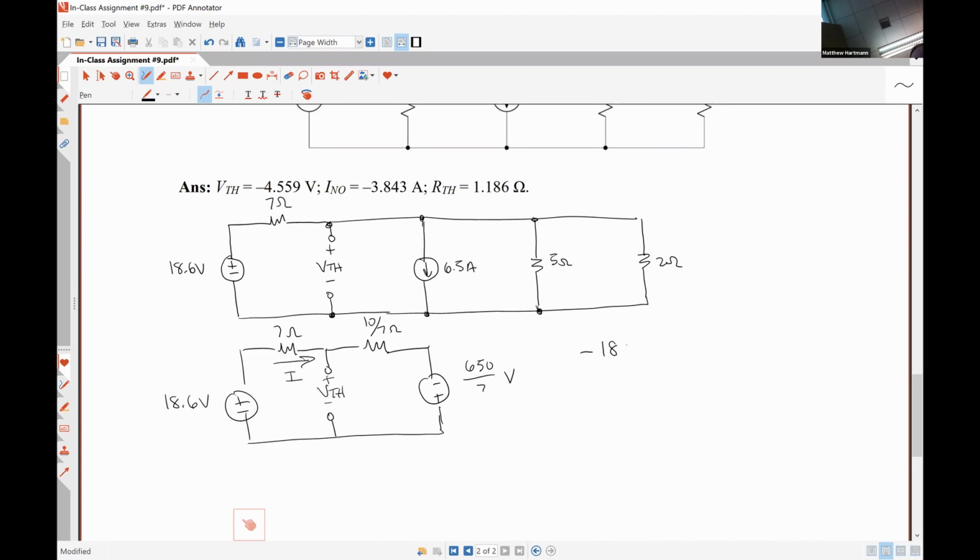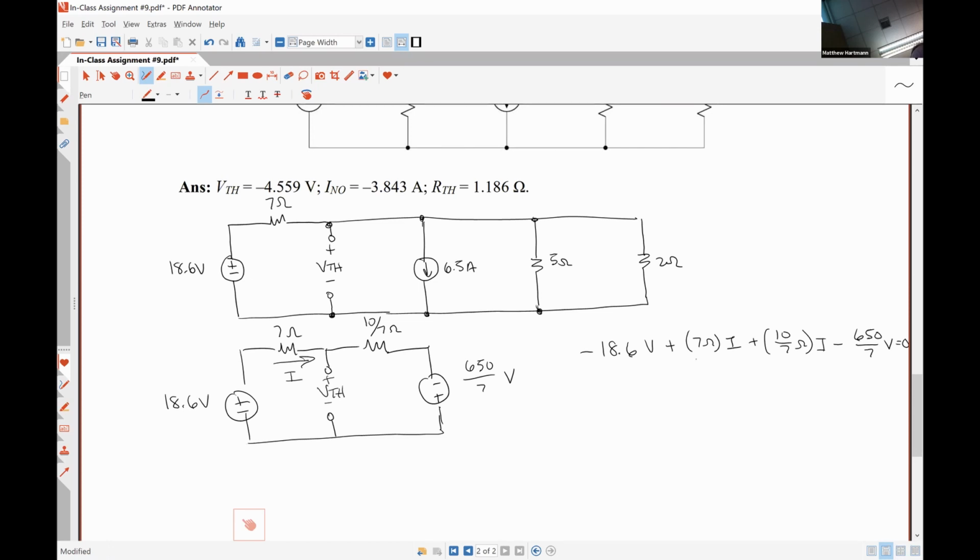negative 18.6 volts plus 7 ohms I plus 10 over 7 ohms I minus 650 over 7 volts is equal to 0. So that means, let's see, 7 plus 10 over 7.